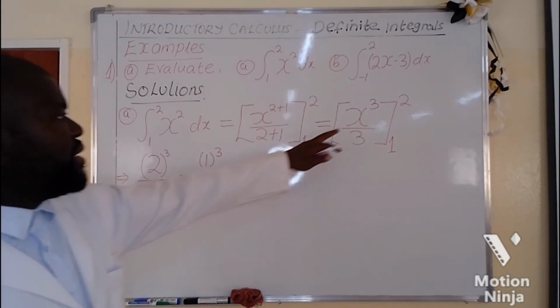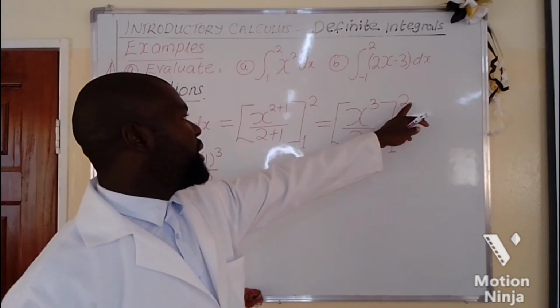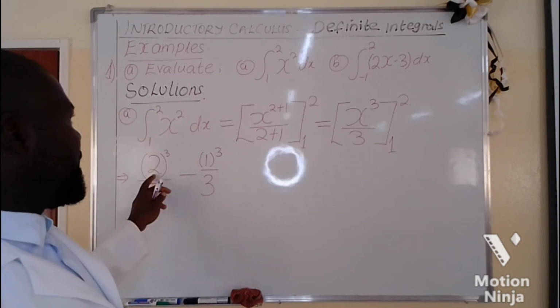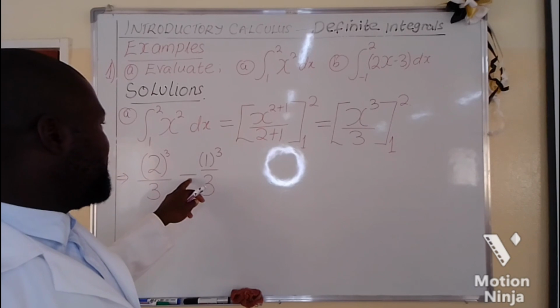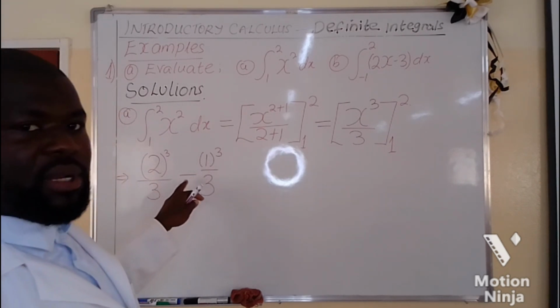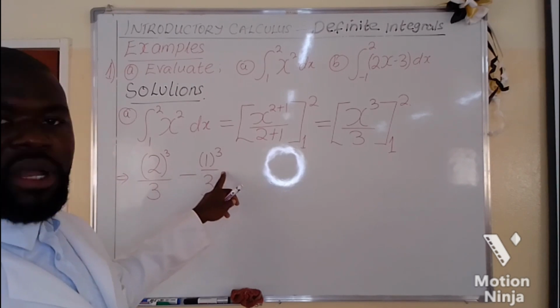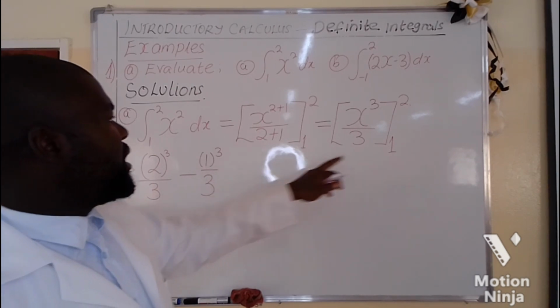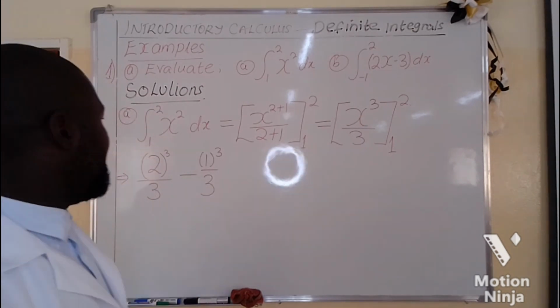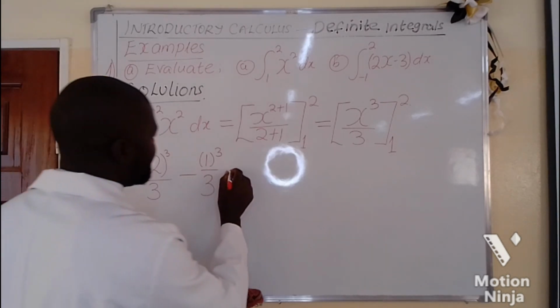This is how we are proceeding from here. We substitute the upper limit in there, we are getting this, and we also subtract whatever we are going to get after substituting the lower limit where we have x like that.